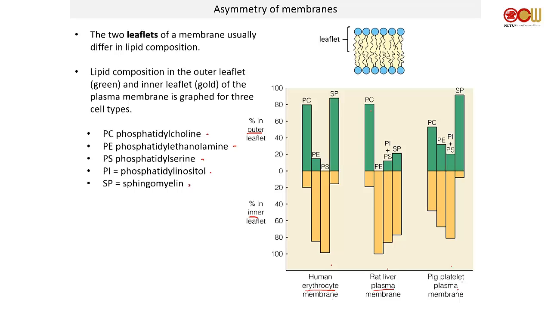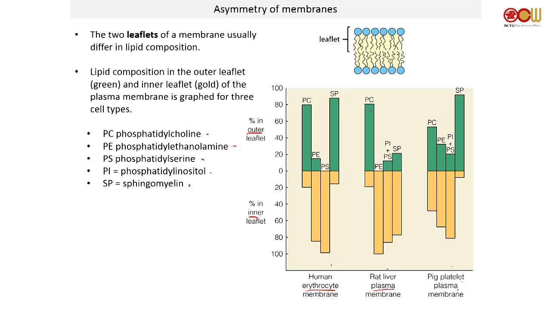If you look at the distribution, what do you see? For example, in erythrocytes and the liver plasma membrane, you have a lot of PC on the outside and not a lot of PC on the inside. On the other hand, you have ethanolamine, PE, primarily on the inside and not so much on the outside. Knowing this, think back to what we talked about on the previous slide about the lipase.